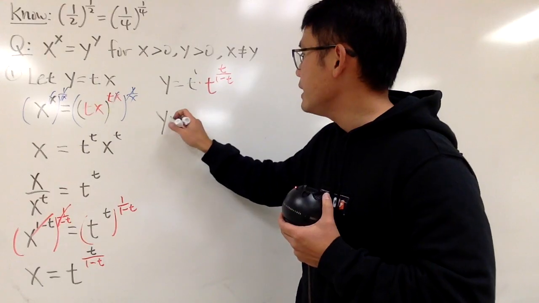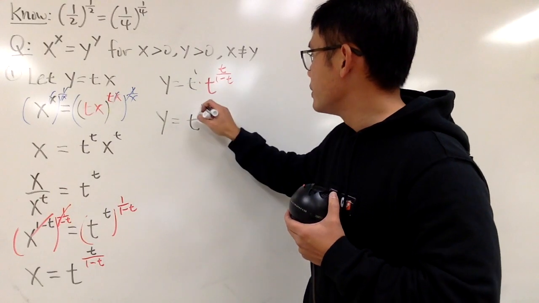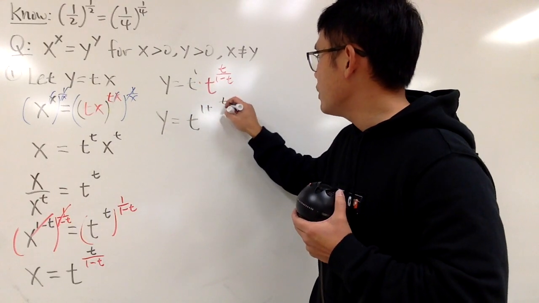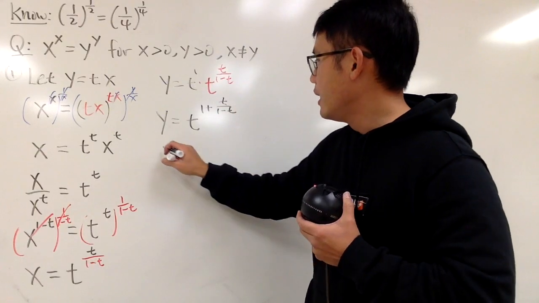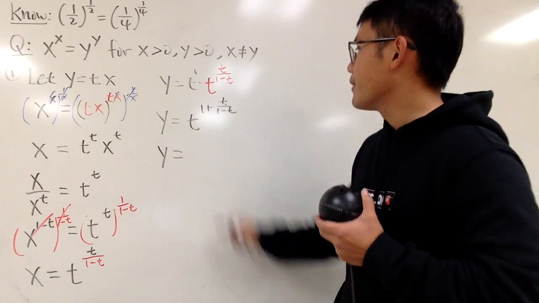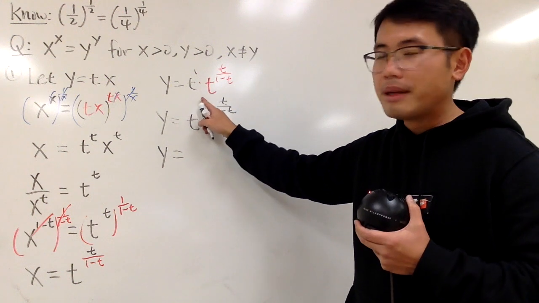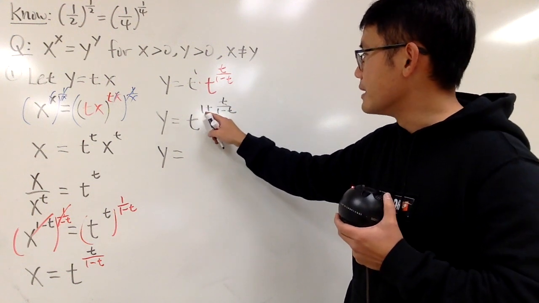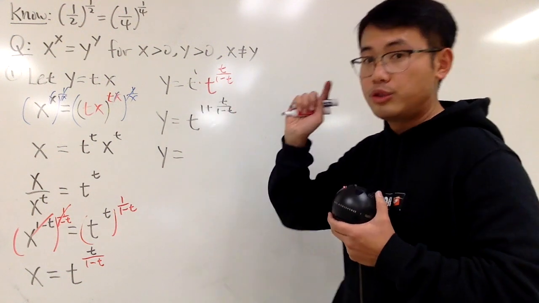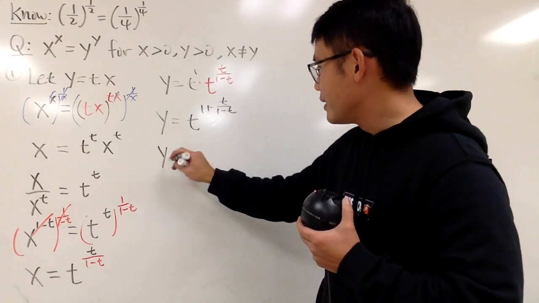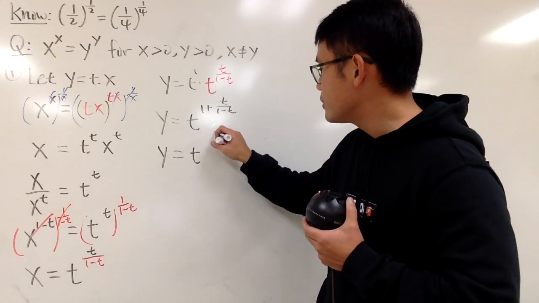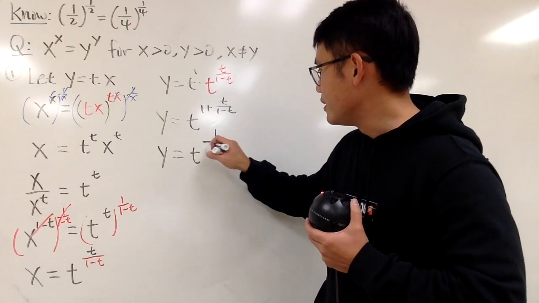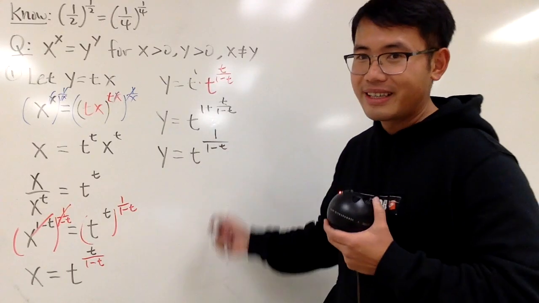You get y equals t raised to the (1 plus t) over (1 minus t). And you can do some algebra right here. Get the common denominator, like (1 minus t) over (1 minus t), and then 1 minus t plus t is just 1. So y is equal to t raised to the 1 only over the denominator 1 minus t, like this.